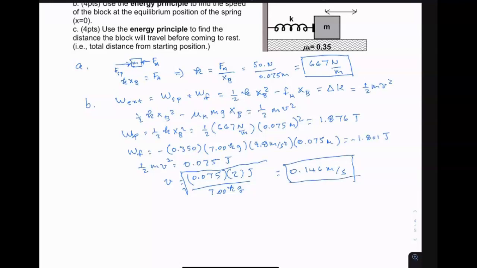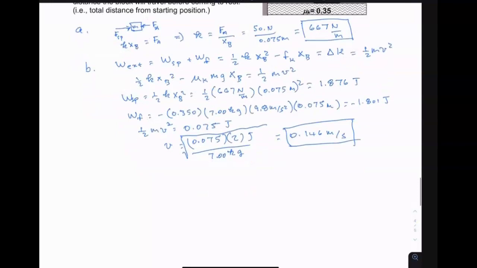Then in part C, use the energy principle to find the distance the block will travel before coming to rest, i.e. the total distance from the starting position. Well, you can do this two ways. You can start with the mass at the equilibrium position, where all of its energy is kinetic energy, and then it comes to a stop. So there's a change in kinetic energy due to the friction acting over that distance.